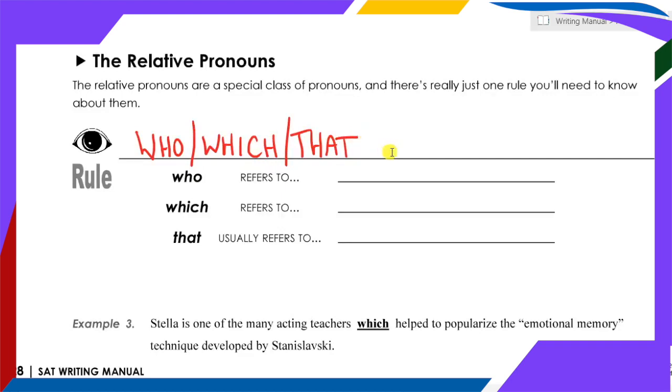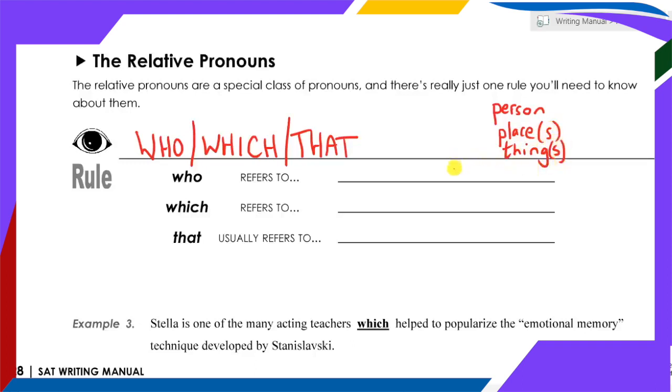Pretty much the only thing that we need to keep in mind about who, which, and that on the SAT is that these relative pronouns have to refer to specific types of nouns. Remember that nouns are person or people, place or places, and thing or things.